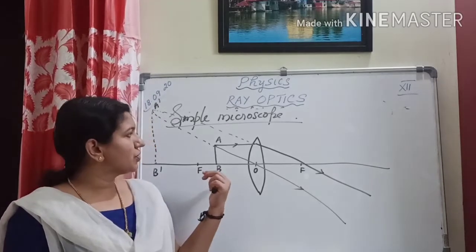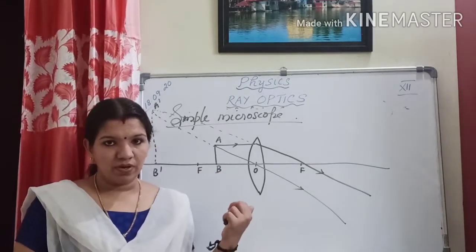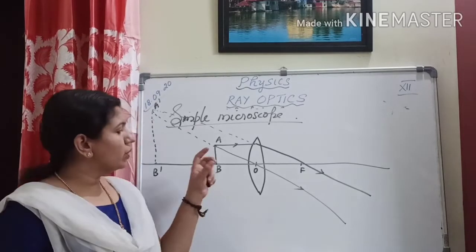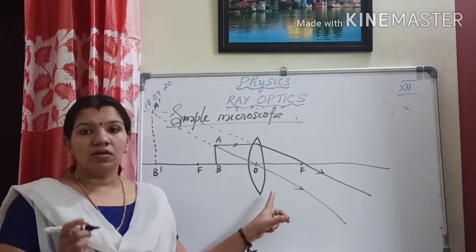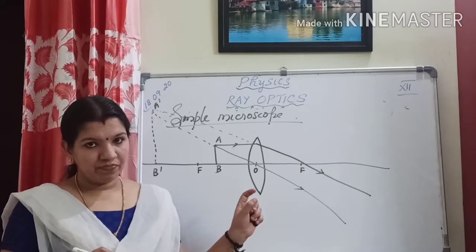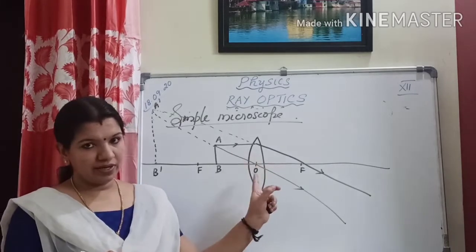So this is the construction for a simple microscope. In simple microscope, you are having only one convex lens. Understand? Only one convex lens.